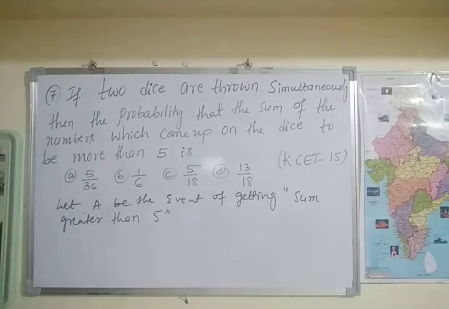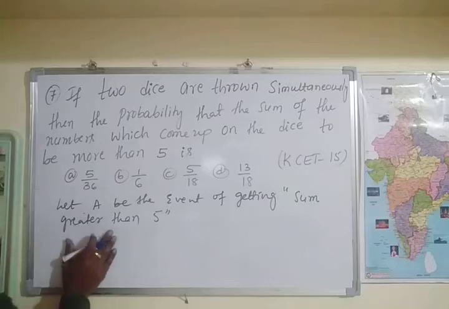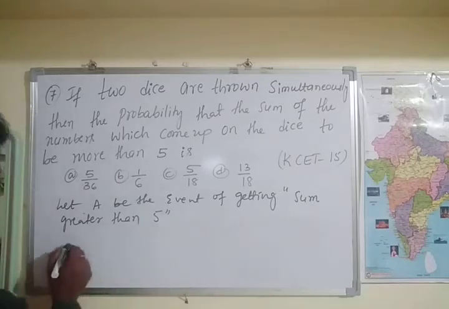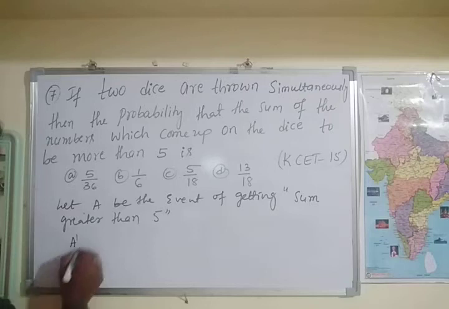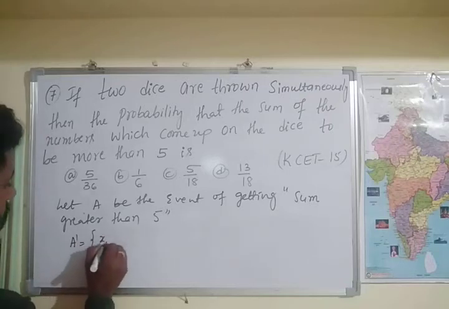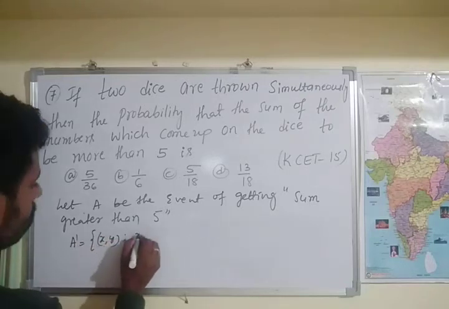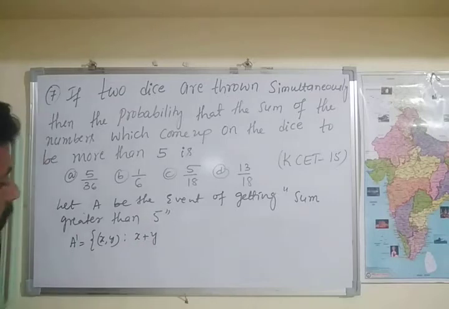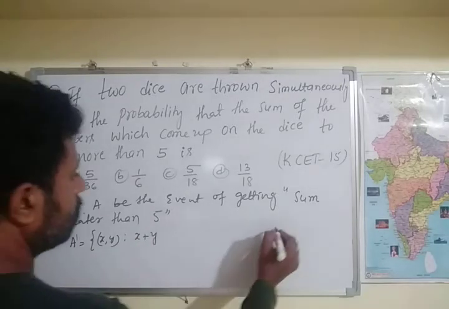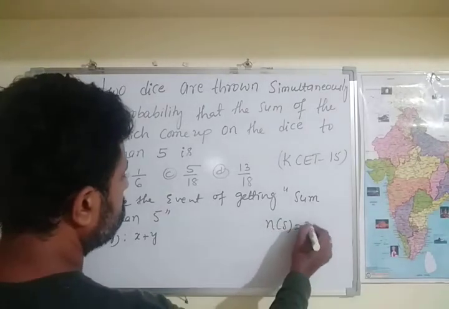See, here a sum greater than 5 means we get many results, nearly 26 results. That's why it takes more time. That's why here we consider A dash. A dash is the set of x, y such that the sum of these two dice results, when the dice are rolled, is at most 5. Here n of S is 36.